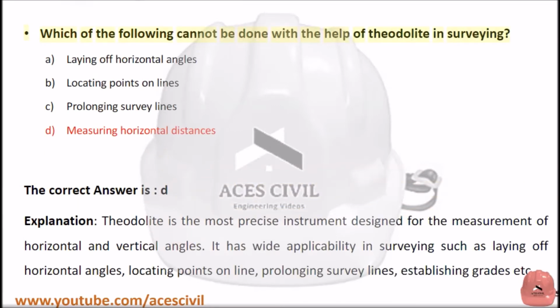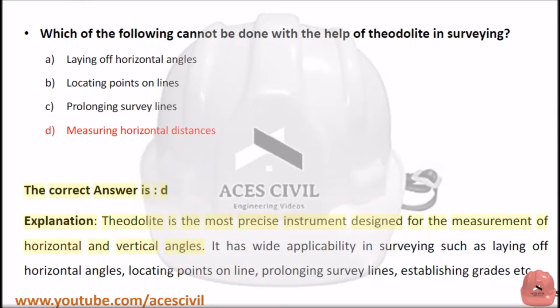Which of the following cannot be done with the help of theodolite in surveying? A. Laying off horizontal angles. B. Locating points on lines. C. Prolonging survey lines. D. Measuring horizontal distances.